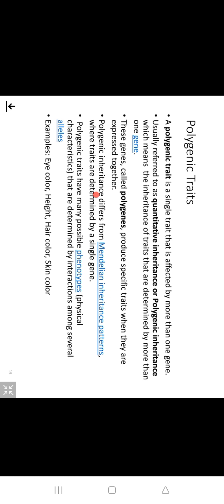So polygenic inheritance differs from Mendelian inheritance patterns, where the traits are determined by a single gene. You have to know Mendel only focused on one gene. So these things were discovered later, and they were actually seen to affect Mendel's phenotypic ratio.